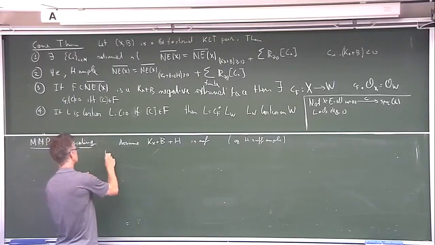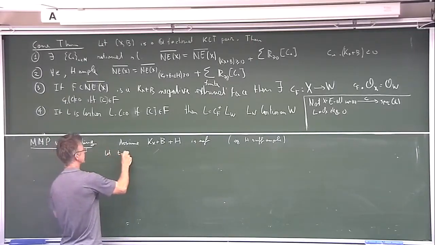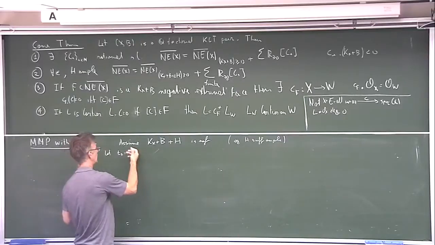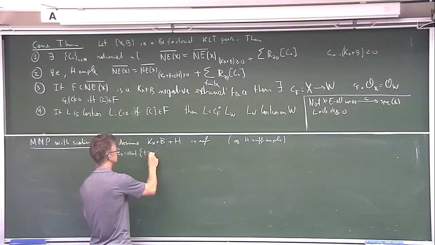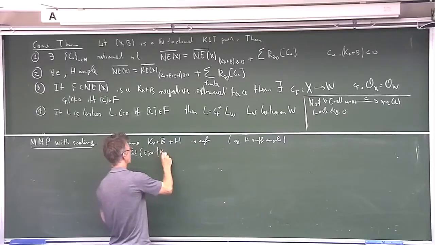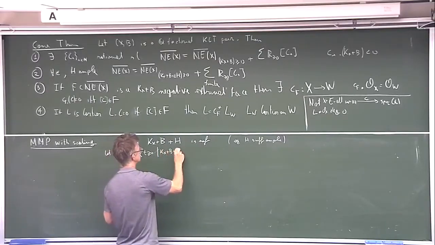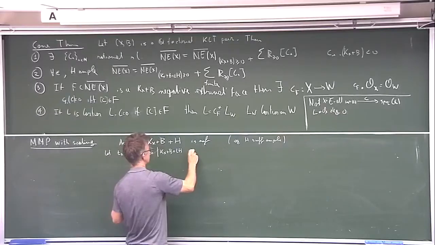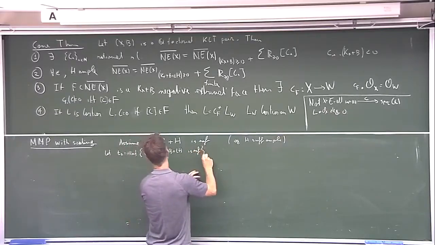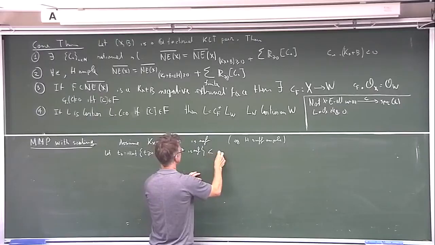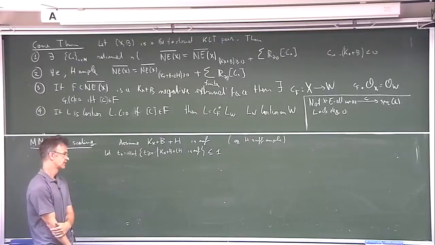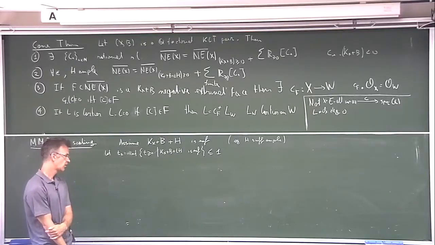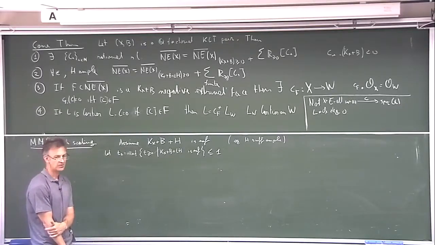And so now we scale it down. We let t_1 be the minimum. Well, technically I should say the inf, but it's actually a minimum. The set of t greater or equal to 0 such that K_X plus B plus tH is nef. And this is less or equal to 1. Right? Okay, so now you'd like this to be a rational number, for example.